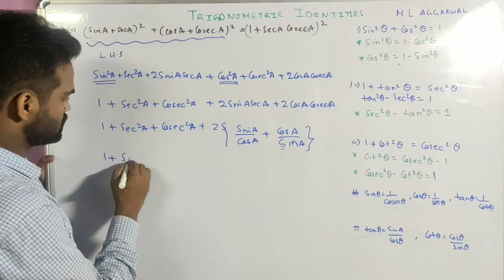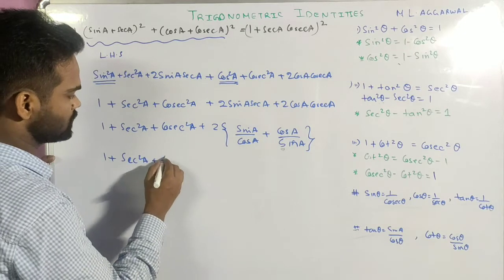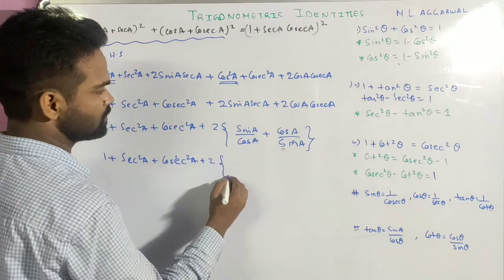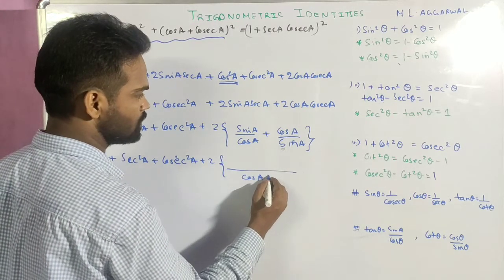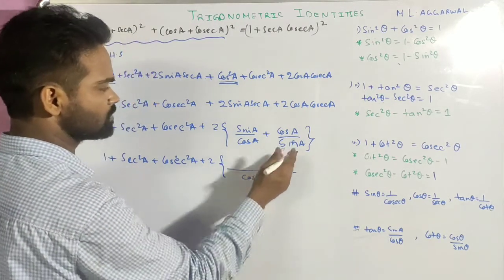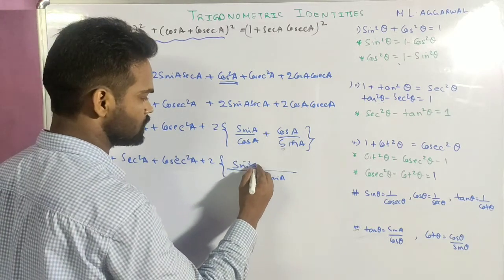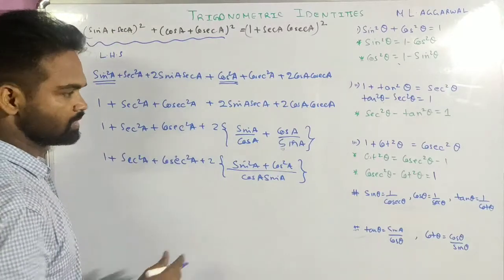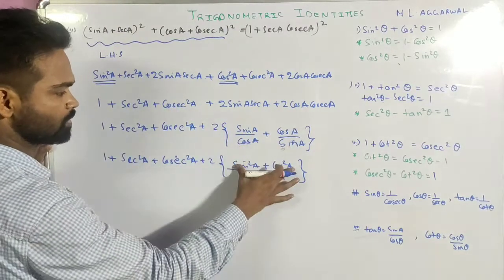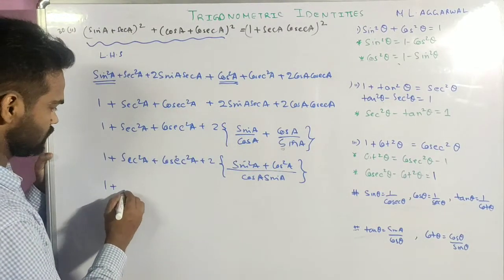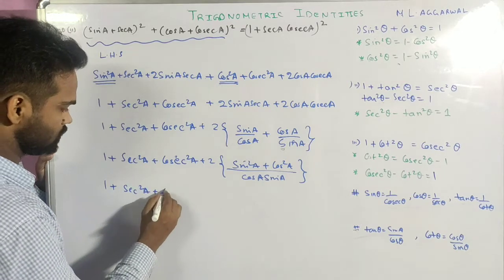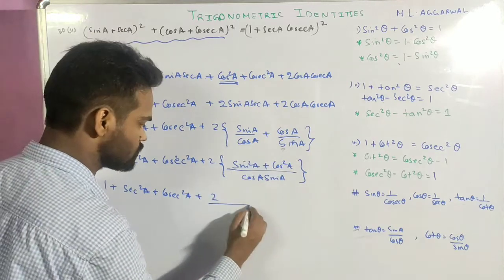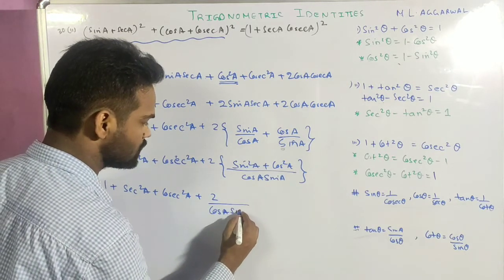So this is 1 plus sec square A plus cosec square A plus twice, I'll take LCM. So cos A sin A is LCM. So this becomes sin square A plus cos square A. Isn't it? This goes over there, this goes over there. So if you look carefully, this becomes 1. So this is 2 by cos A sin A.